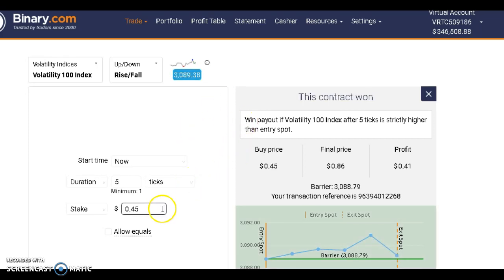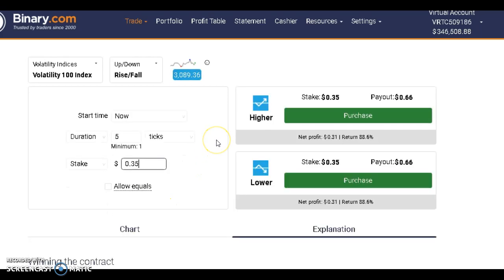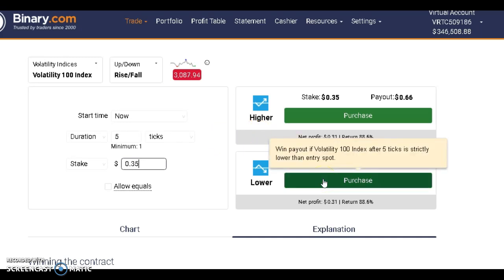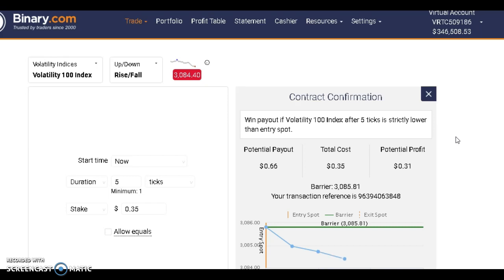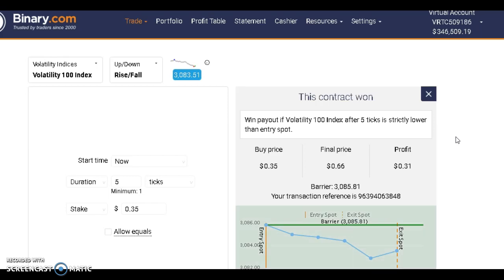So when I make a win, I go back to my initial stake. Then wait for it again. The story is very simple, very, very simple.